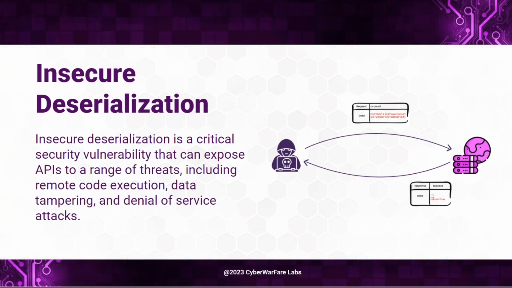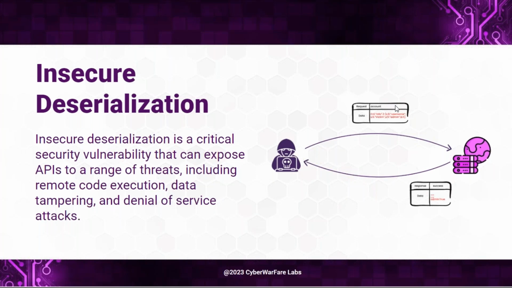First, serialization: the process of converting complex data structures or objects into a format that can be easily stored or transmitted, often as binary or text data, as in the diagram.